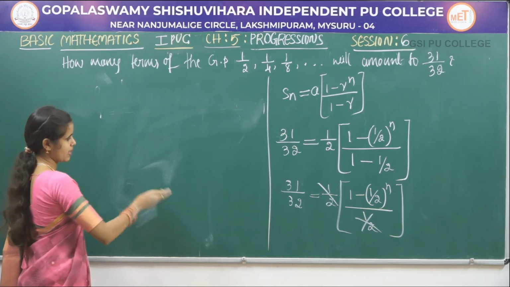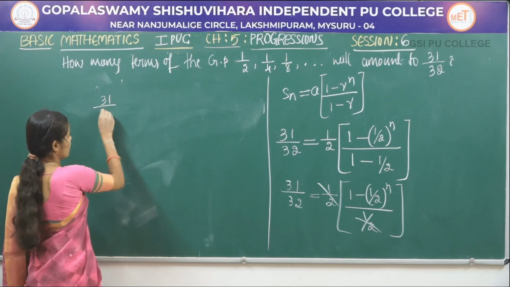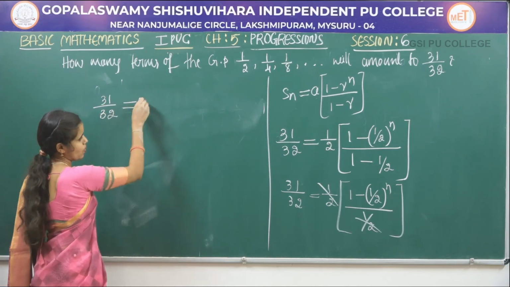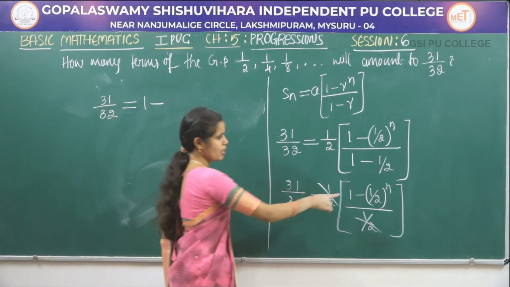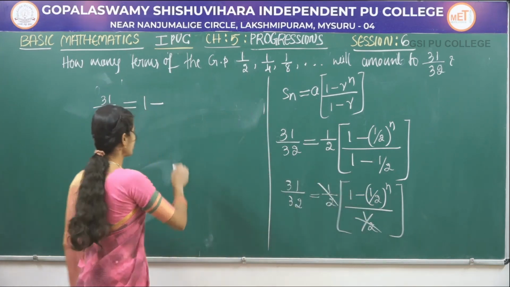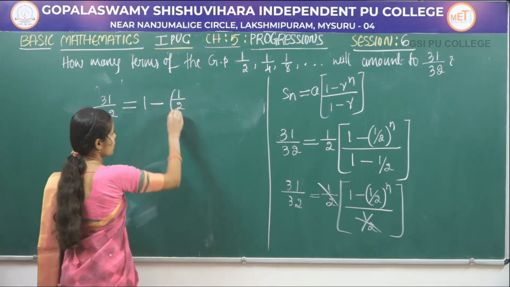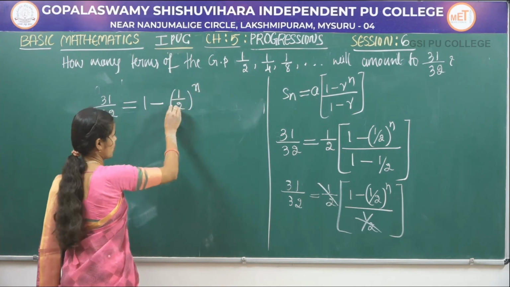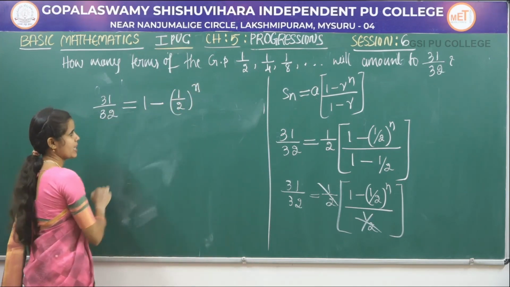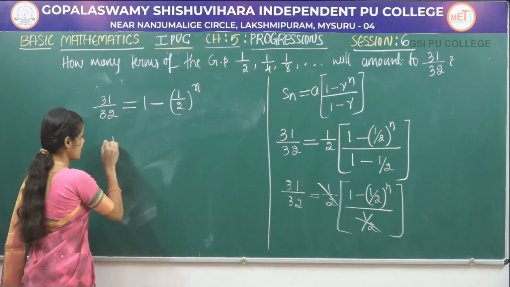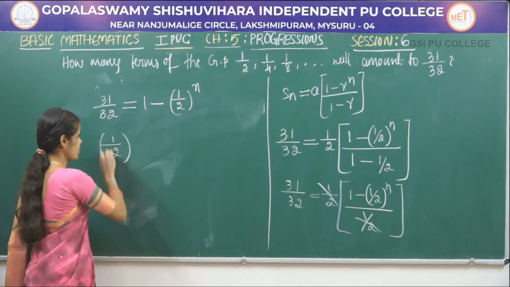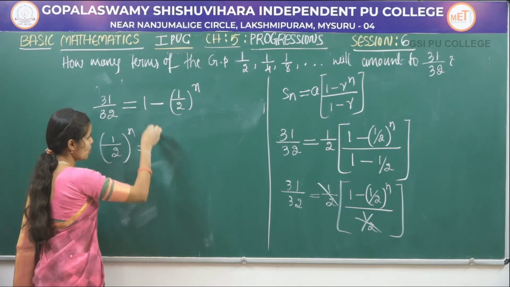31 divided by 32 is equal to 1 minus 1 by 2 whole to the power of n. Take this term to the left side: minus 1 by 2 whole to the power of n becomes plus 1 by 2 whole to the power of n, is equal to 1.